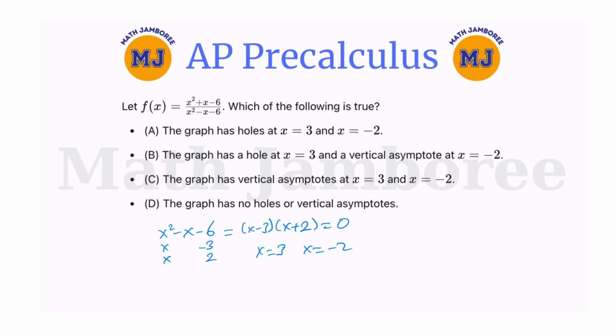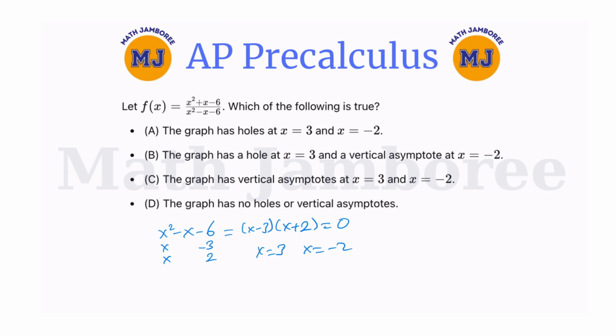However, since we have exactly the same thing in the numerator... actually, it's not exactly the same thing. Looking at it at first, I thought it was the same thing in the numerator and denominator.